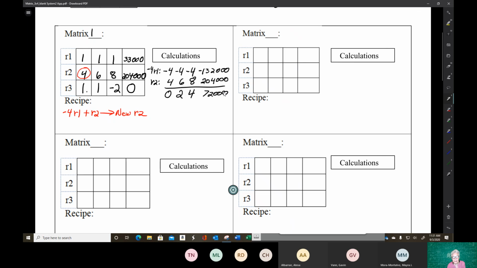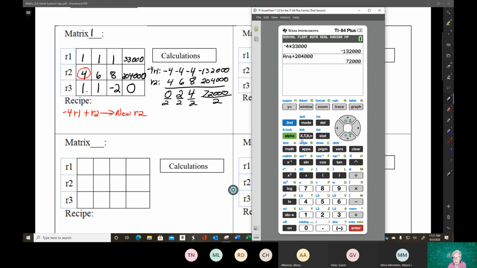Not only that, but now I know for sure that 2 goes evenly into each of these numbers. So I am going to divide by 2, divide by 2, and divide by 2, and divide by 2. And I think that makes this 36,000, but let's make sure. Okay, 72,000 divided by 2.